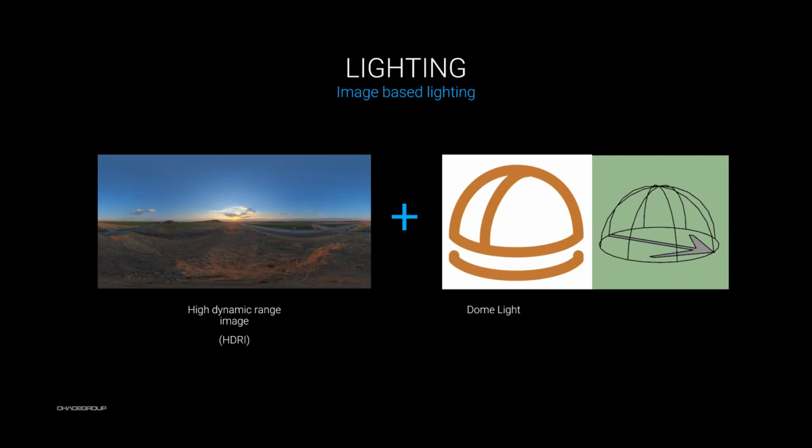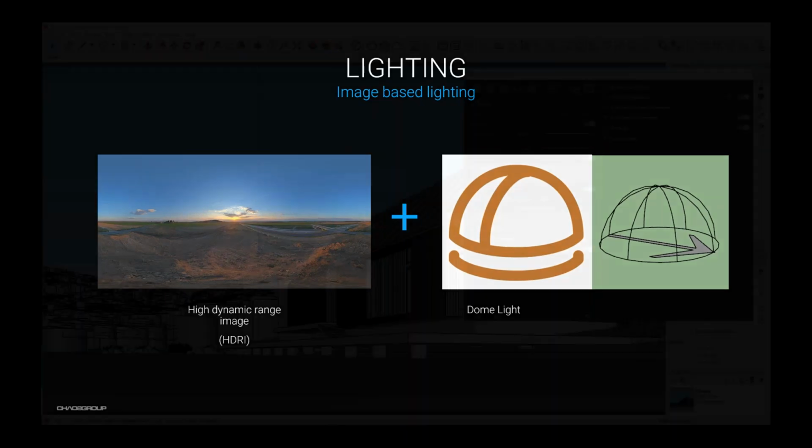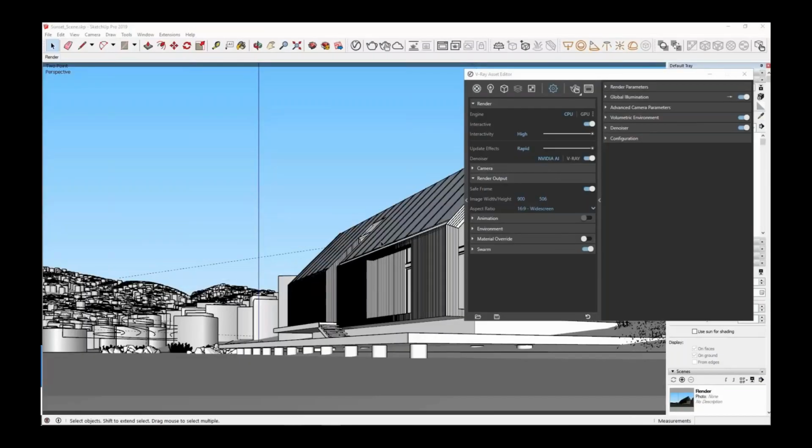The HDRI image is a high dynamic range image, and when we apply that image to the dome light, basically V-Ray will wrap our project with a huge sphere, and it will emit light based on the high dynamic range image. That can provide us with a really nice lighting into the image based on a real life scenario.